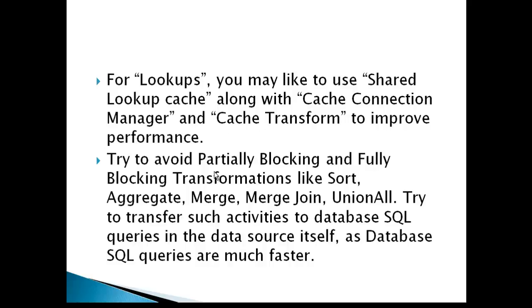Now we should try to avoid partially blocking and fully blocking transformations like sort, aggregate, merge, merge join, union all. All these five, that is sort, aggregate, merge, merge join and union all, can be accomplished using SQL queries. Like sort can be accomplished by having an order by clause in our query, which brings data to our package.